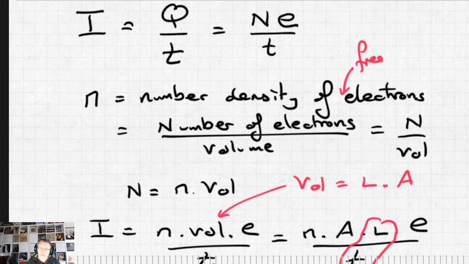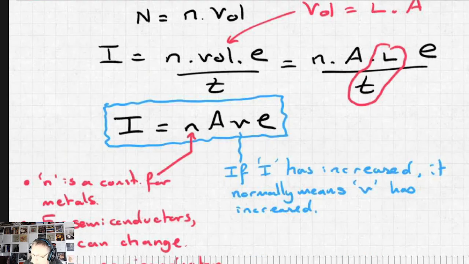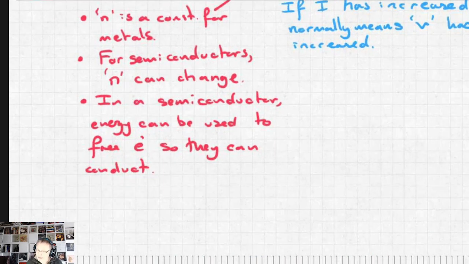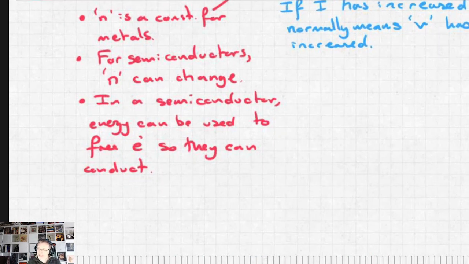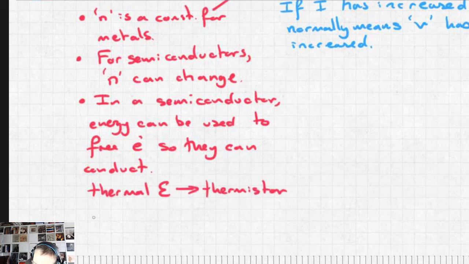They're not all of the electrons. They're the ones that are available that can carry a current. And in a semiconductor, energy can be used to free electrons so that they can conduct. If it uses thermal energy, that creates what we call a thermistor. If it uses electromagnetic energy, in other words, light, that's what we call a light-dependent resistor.